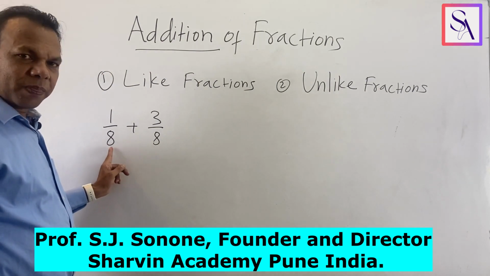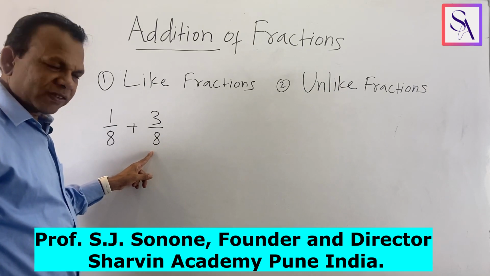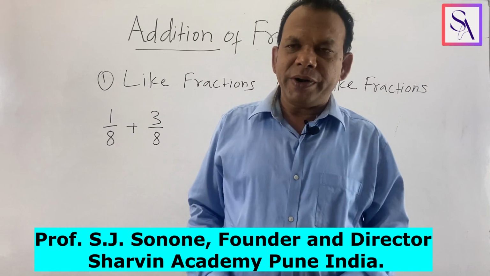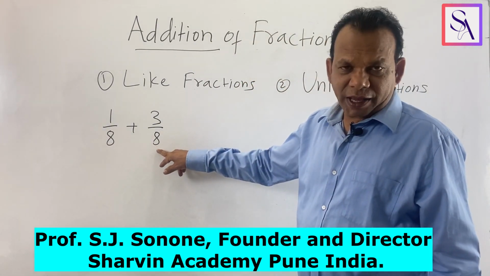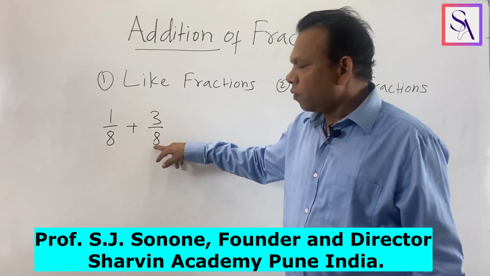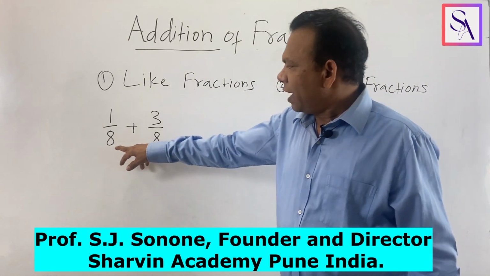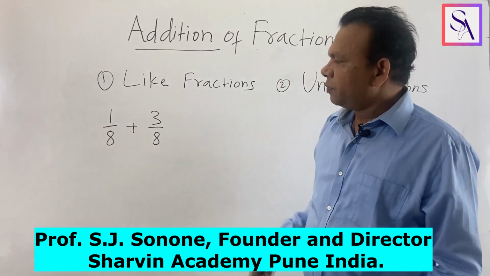Denominators are the same. So these two fractions are like fractions, right? We learned in part 1 video, when the denominators of two fractions are the same, then those two fractions are called like fractions.